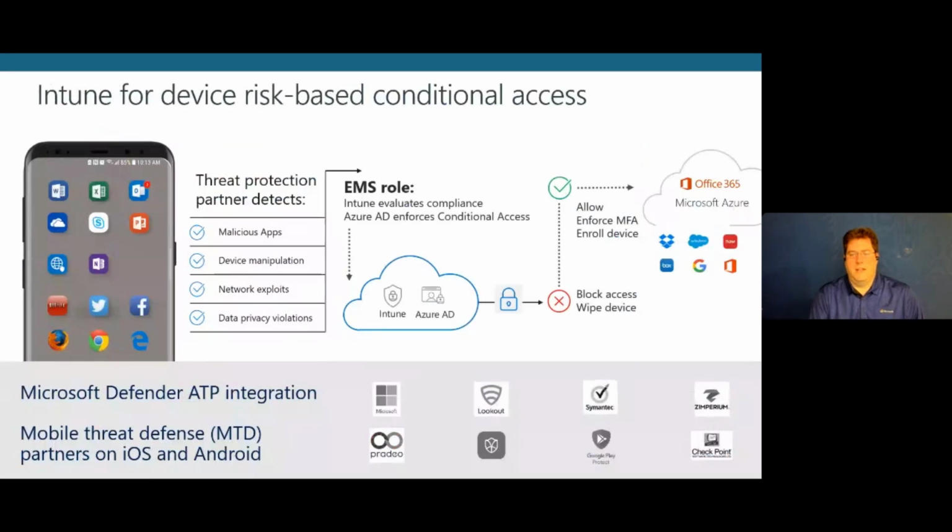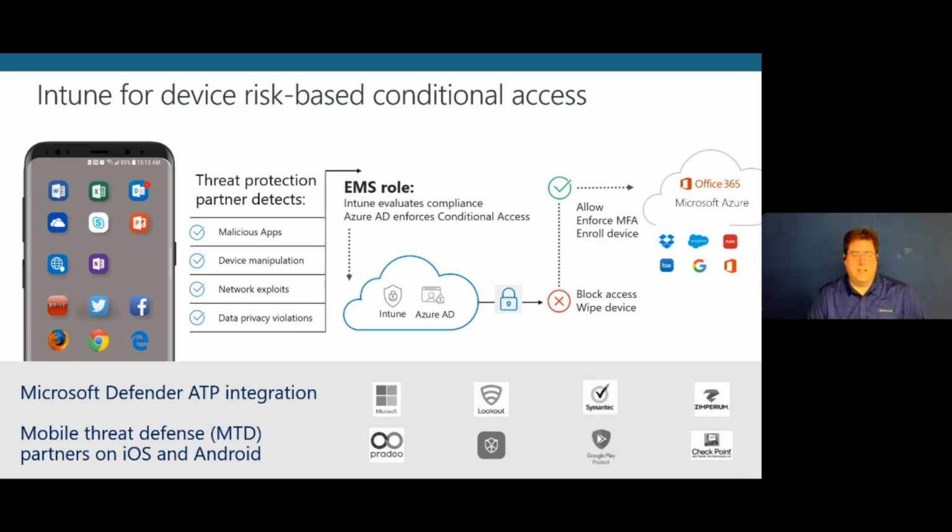And again, utilizing Intune and endpoint protection on your devices to create those rules and to detect those risks from various malicious apps, different network exploits and things of that nature, and tie very closely through our Azure Active Directory control to enforce multi-factor authentication, enforce a password reset, or just block entirely or even wipe that device if it's a stolen device to avoid any type of exposure of sensitive data to malicious bad actors.